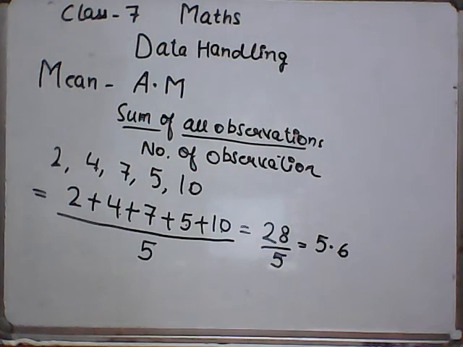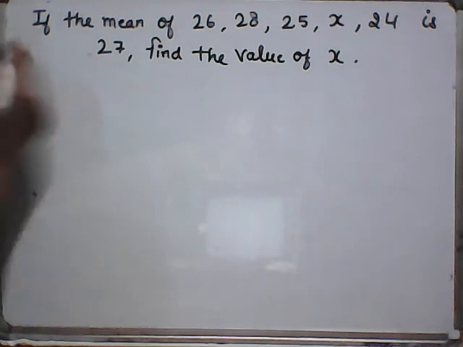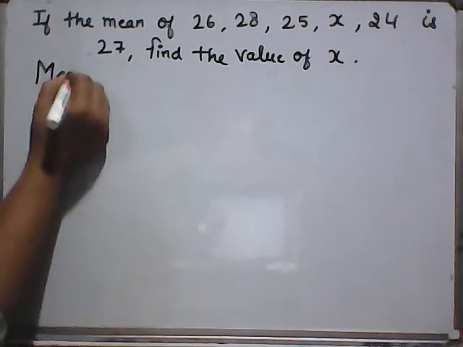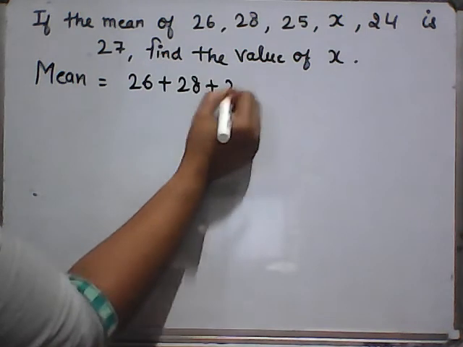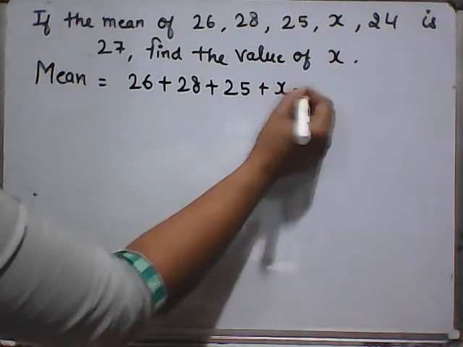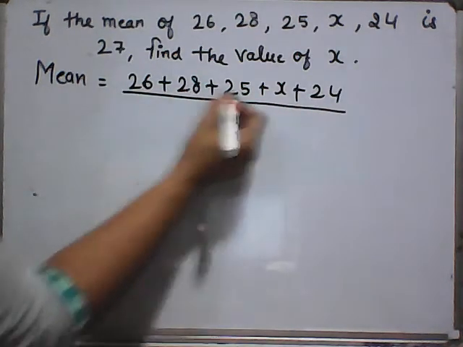Let's come to next question. If the mean of 26, 28, 25, x and 24 is 27, in this question, mean is given to you and you have to find the missing observation, that is x. Now, we know the formula of mean: sum of all observations, 26 plus 28 plus 25 plus x plus 24, divided by number of observations, 1, 2, 3, 4, 5.